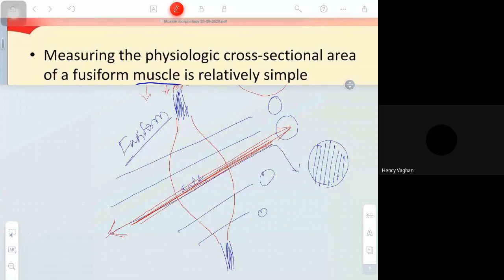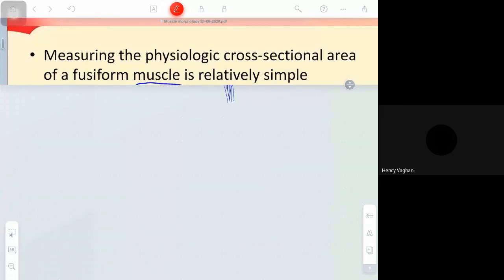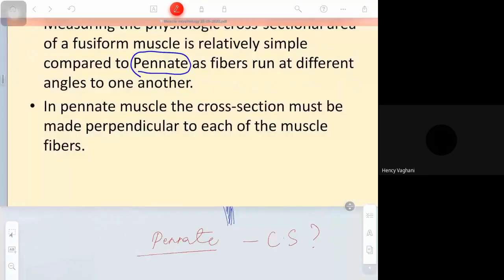Okay. Now, how will you measure for pennate muscle? Pennate muscle, how will you measure the cross-sectional area? Clear? In pennate muscle, the cross-section must be made perpendicular to each of the muscle fibers.